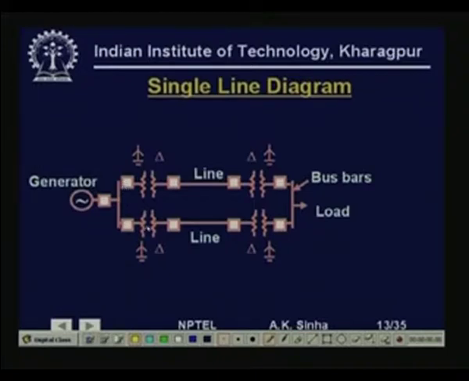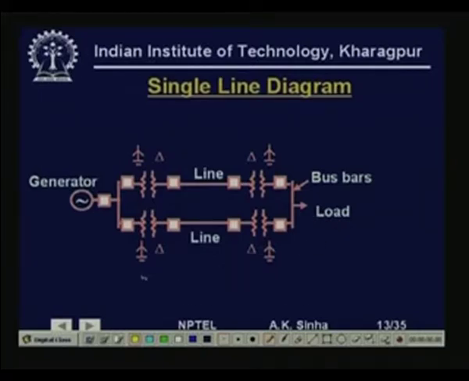We have another transformer here for the other line, and the two parallel lines are connected to the transformers through circuit breakers shown here. Then we have another transformer on the other side, and this is again connected through circuit breakers to a bus bar to which a load may be connected.